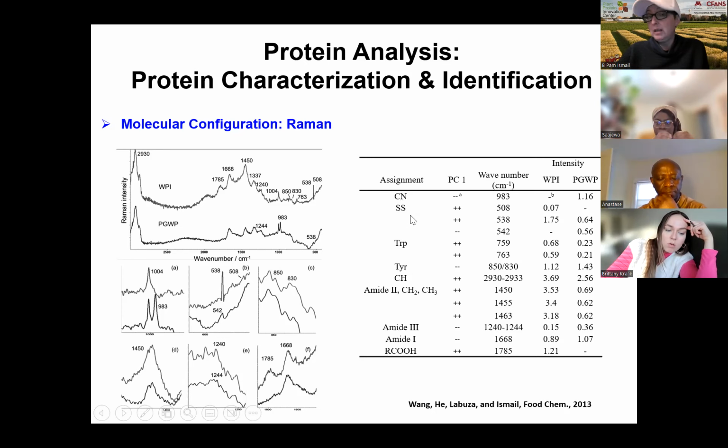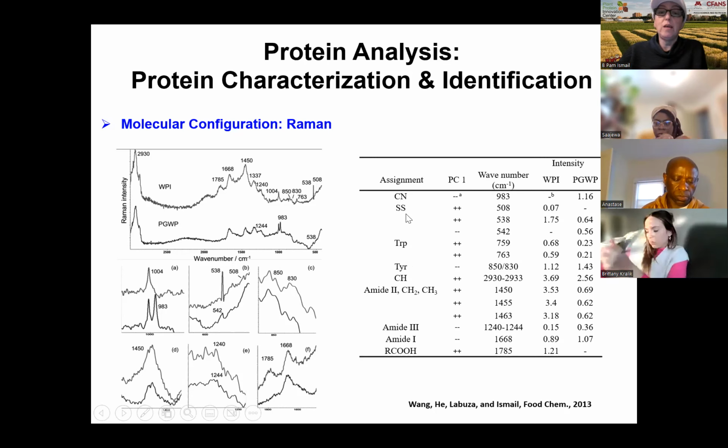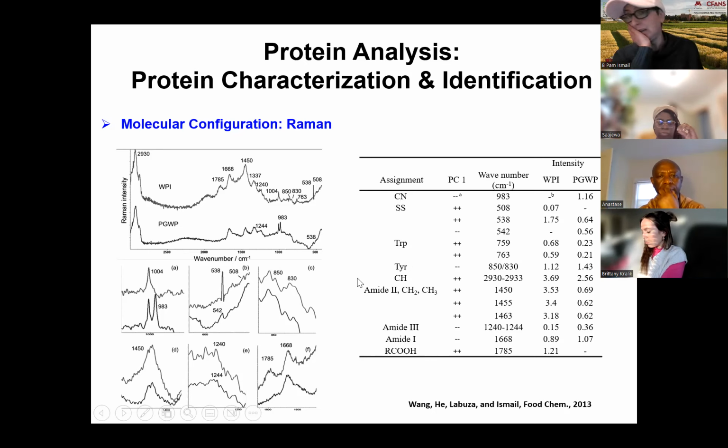You can look at any disulfide interchange that could have happened. You can look at changes in the amide region to see if the secondary structure distribution has changed. Ionization, yeah, you can get a lot of information. But it won't tell you which protein interacted with which protein, but it will tell you general structural changes.